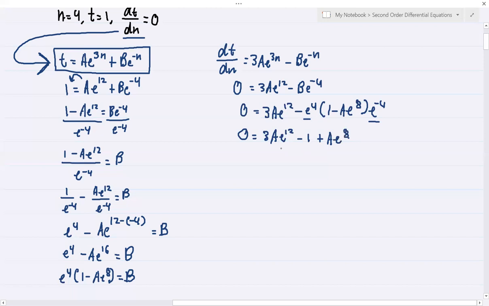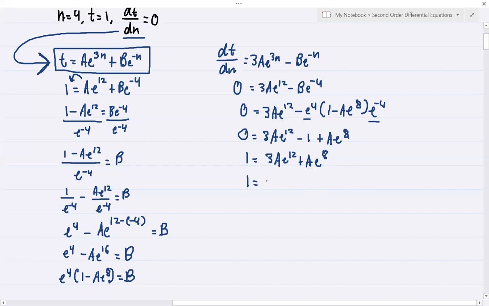So now let's find your a. First, I'll transpose the negative 1 to the left. So I will have 1 is equal to 3a e raised to 12 plus a e raised to 8. I will factor out a and e raised to 8, because both of these terms are divisible by e raised to 8.